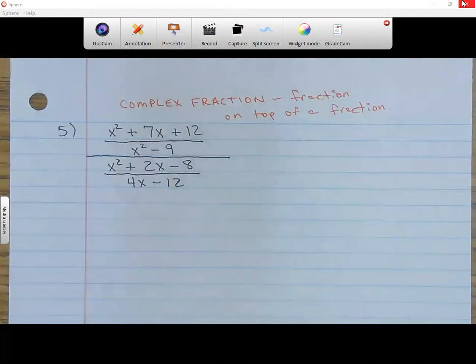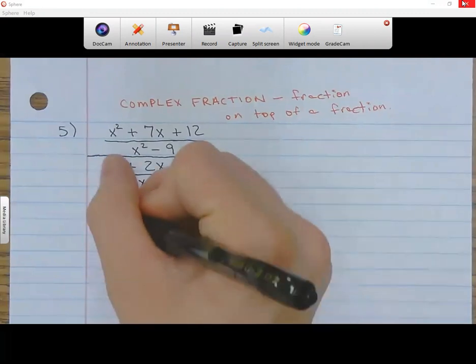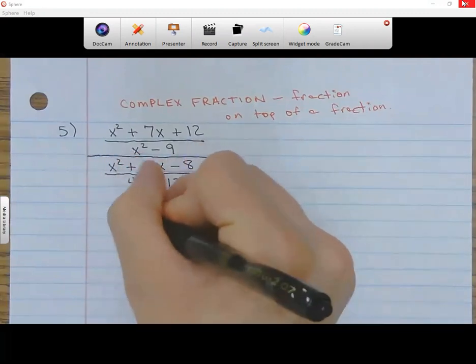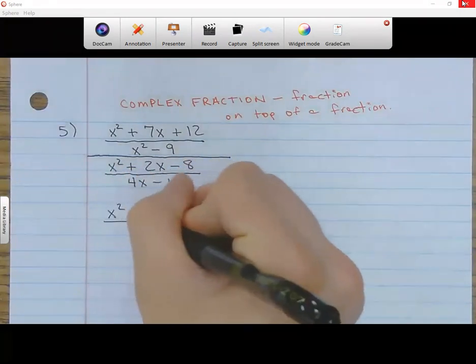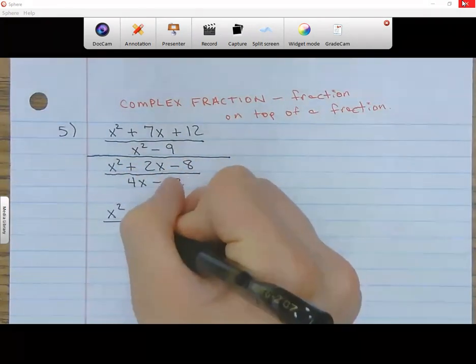So what we're going to do for this is I want to write this out with the division symbol, okay? That's going to be important. That way you can see, oh, we're really just dividing the top by the bottom. So I write out the top, x squared plus 7x plus 12, and on the bottom, I still have x squared minus 9.